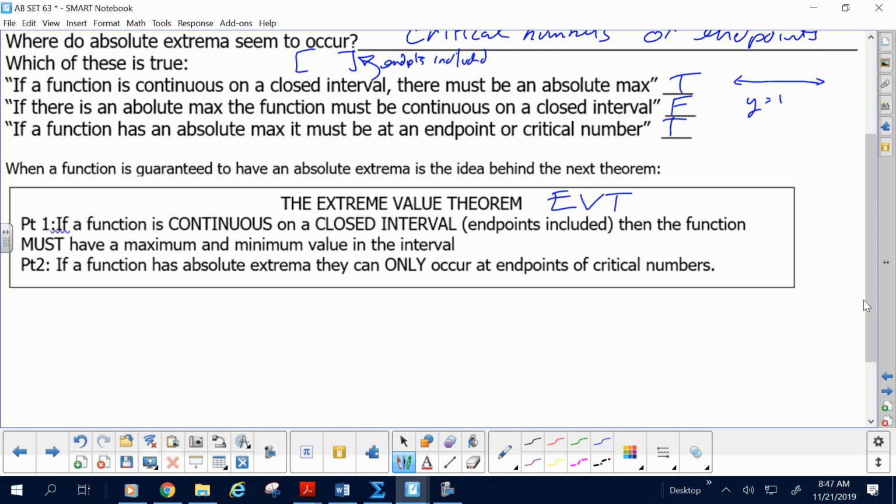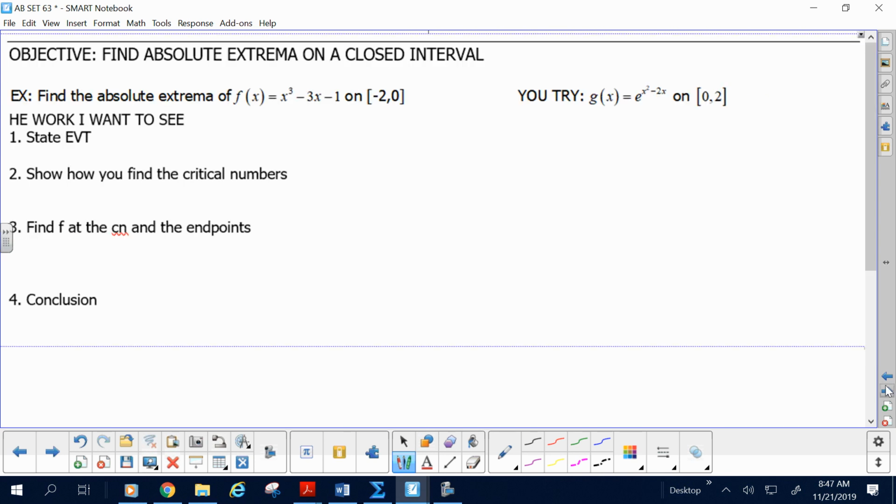You don't have to do some kind of big old first derivative test. You just need to find the critical numbers, find the endpoints, and say what wins. So this is kind of like gathering candidates for an election and then tallying the votes. Think about it this way: if I gave you, find the absolute extrema of this cube on the closed interval, now surely a cube without any restrictions wouldn't have absolute extrema.